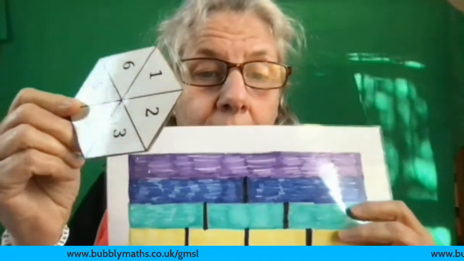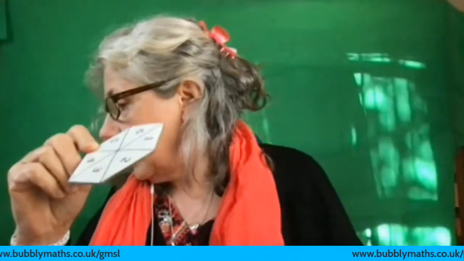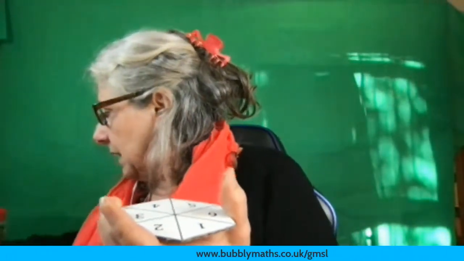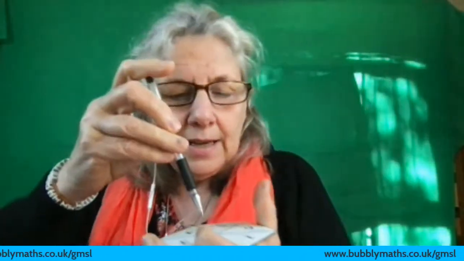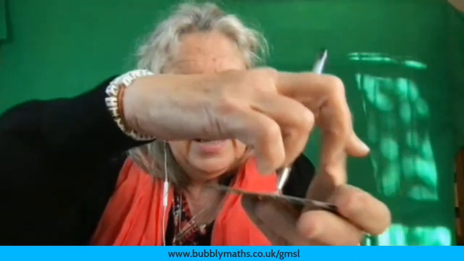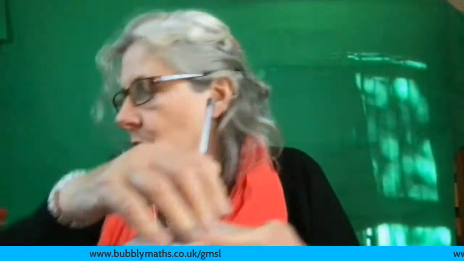You can use a spinner. You can use a pen like this. You put a paper clip and a pen if you don't have a dice. If you have a dice, great. If you don't, paper clip and pen, and then you spin it round to get the numbers that you want.